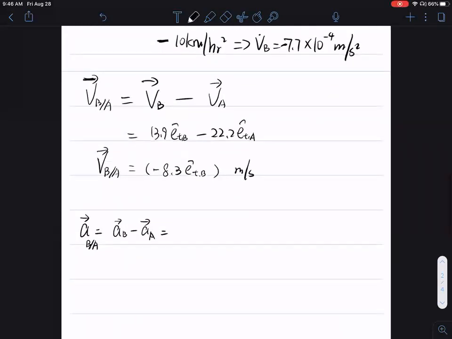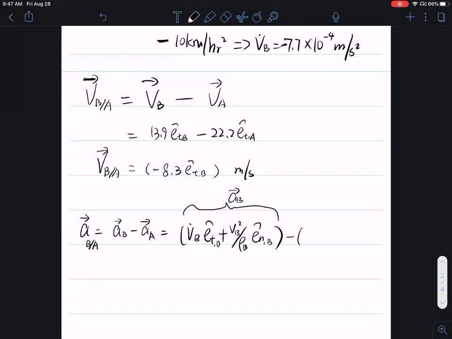So here for car B, it's VB dot ETB plus VB squared over rho B, ENB. That's the acceleration for car B.